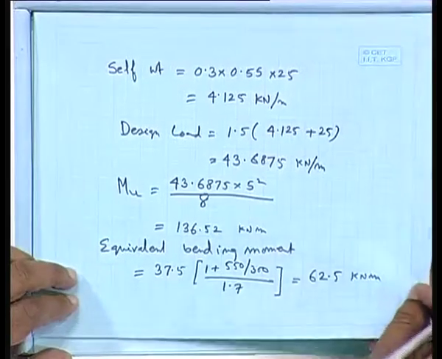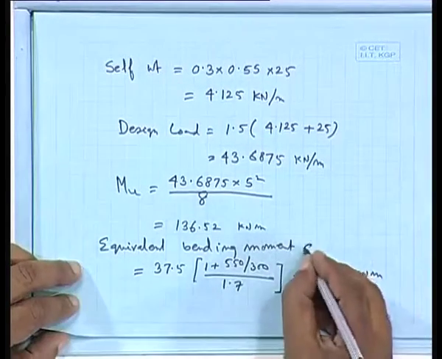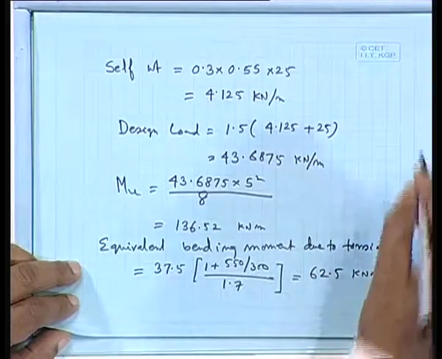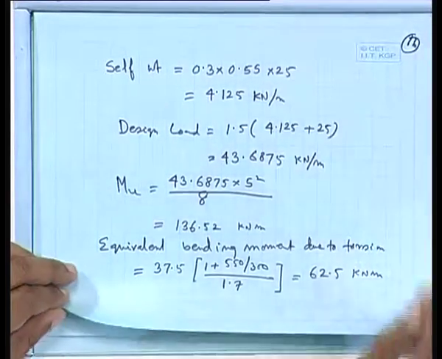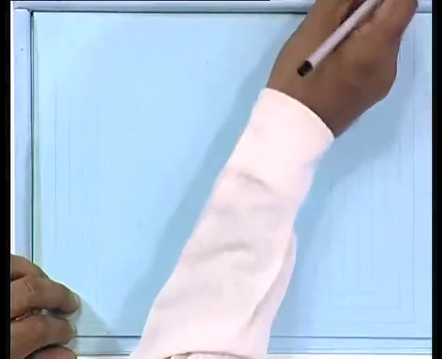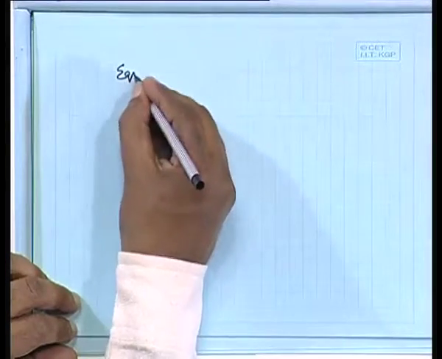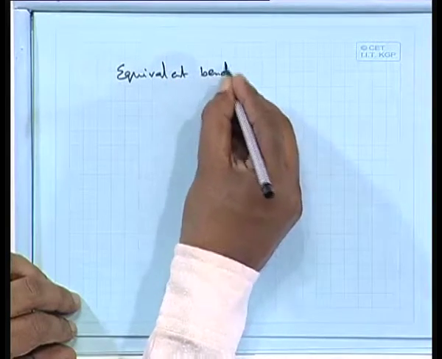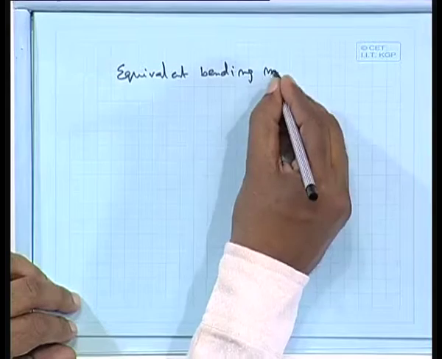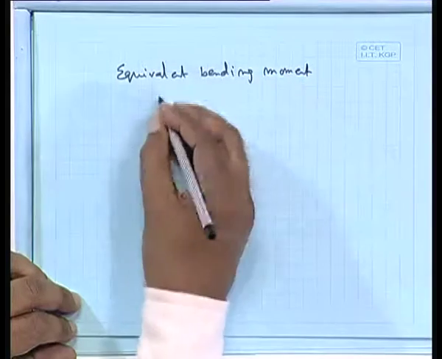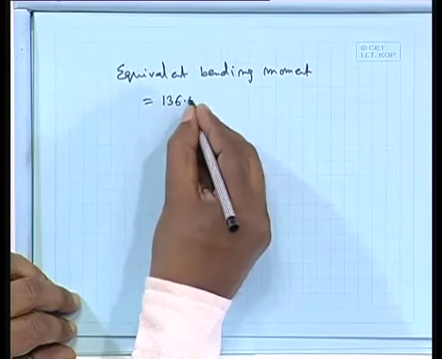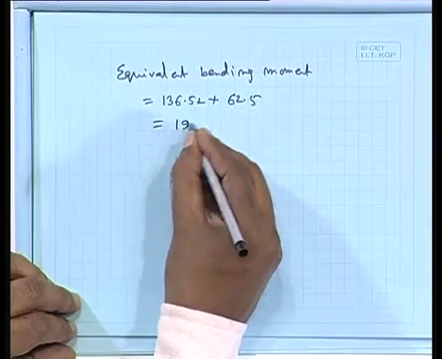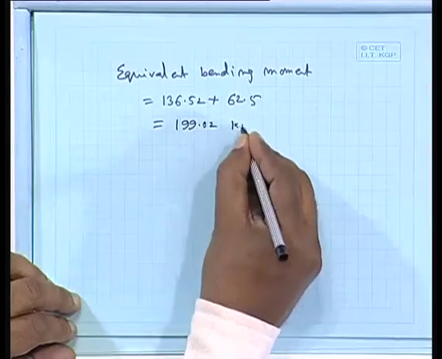So this is due to torsion only. So equivalent bending moment equal to 136.52 plus 62.5 equals 199.02 kilonewton meter.